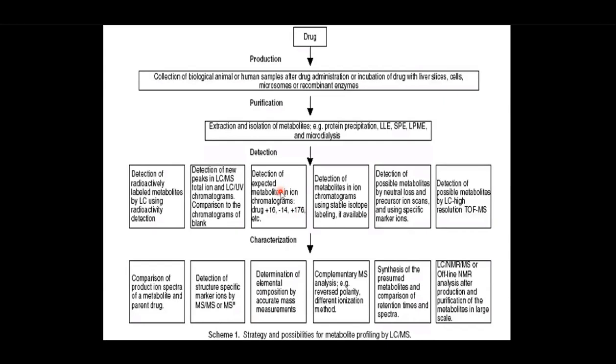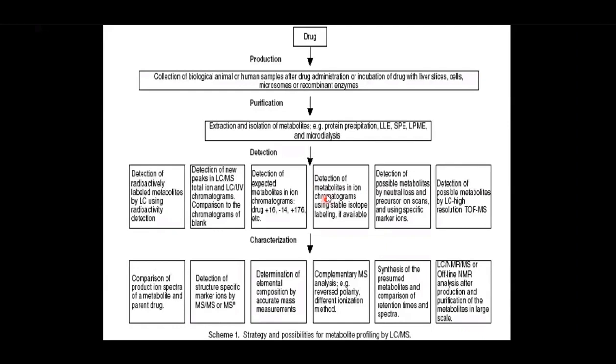Okay, so +16 may be oxidation or epoxide formation, because of which the molecular weight has increased by 16. -14 could be because of loss of a methyl group: 14 loss, plus a proton gets added at that place, so the loss is not 15 but 14. 176 is because of glucuronidation or something, so you will have an addition of 176.